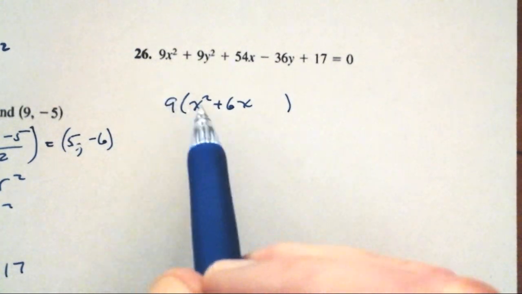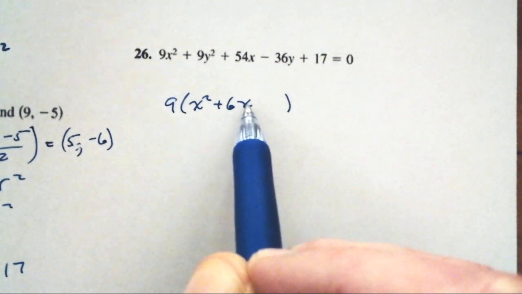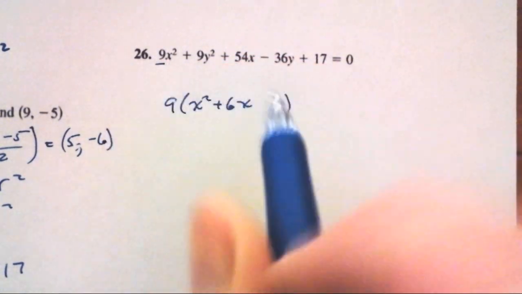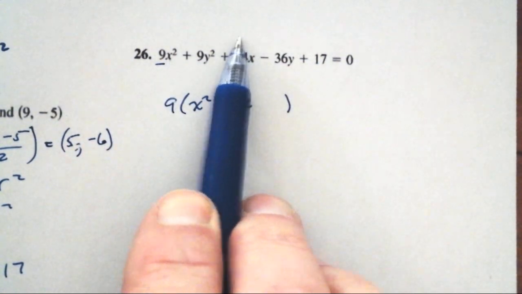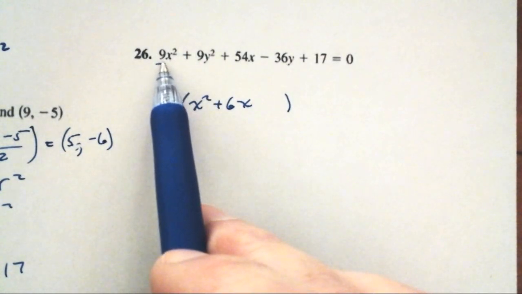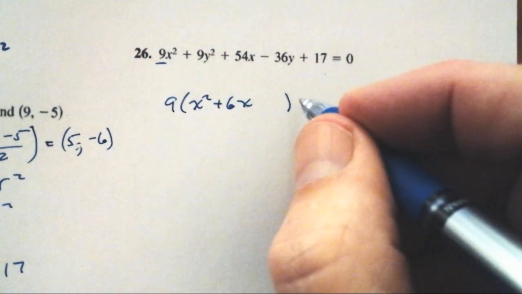I'd get 17 times (x² + 54/17 x). It would be a mess, but I don't care what's behind my pen here. I have to factor that 9 out. You could also originally divide everything by 9, but I don't want to work with that fraction. You'll see the payoff for that.